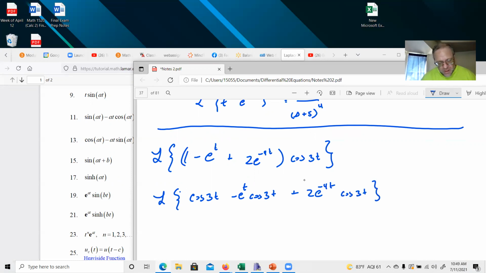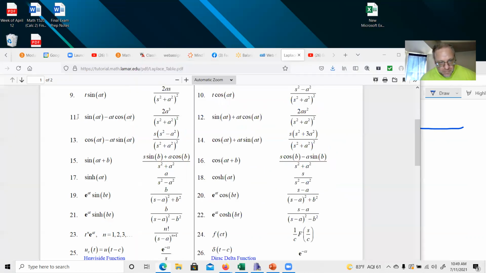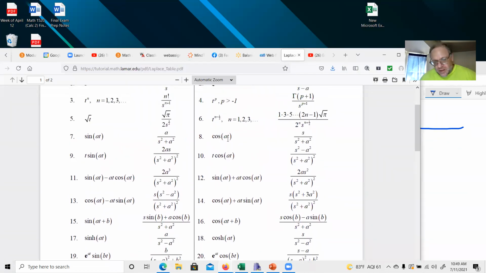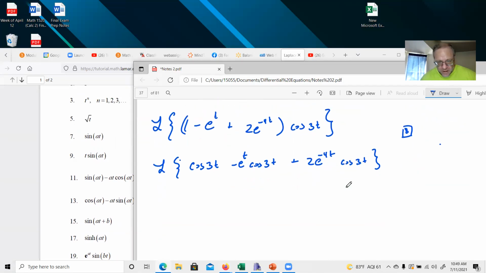All right. And if we go through and look at this, table entry number 8, this one I wrote down, that's our cosine of at. So I'm just going to do this for a moment.